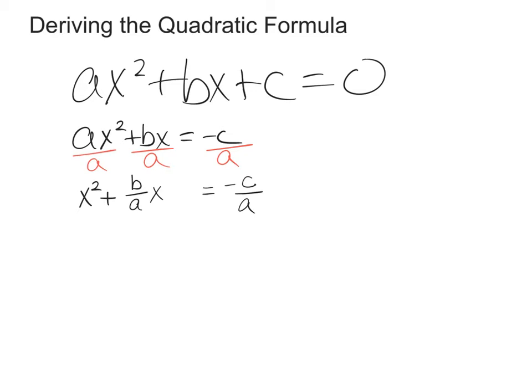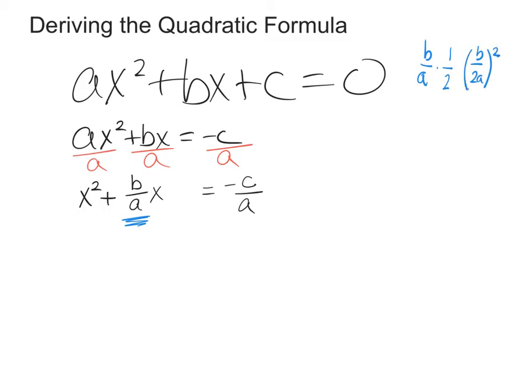So now we have to take half of that term. So I'm going to do that off to the side over here. Half, well, that's going to be b over 2a, or b divided by 2a. And then I have to square it.